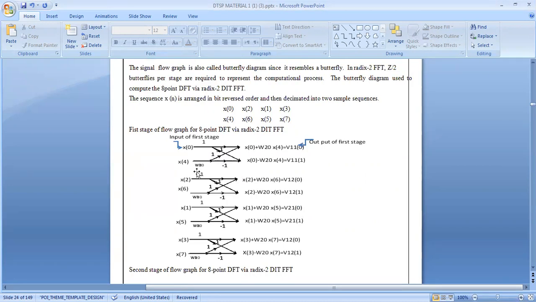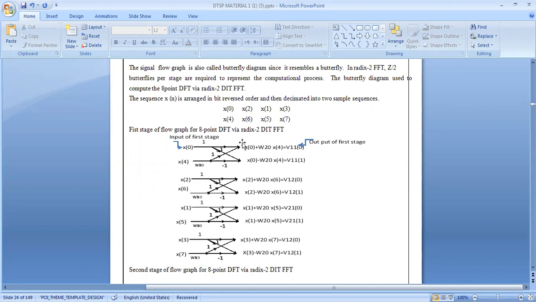For each B value, that is x of 4, x of 6, x of 5 and x of 7, it has to be multiplied with the complex number W8 to the power of 0.